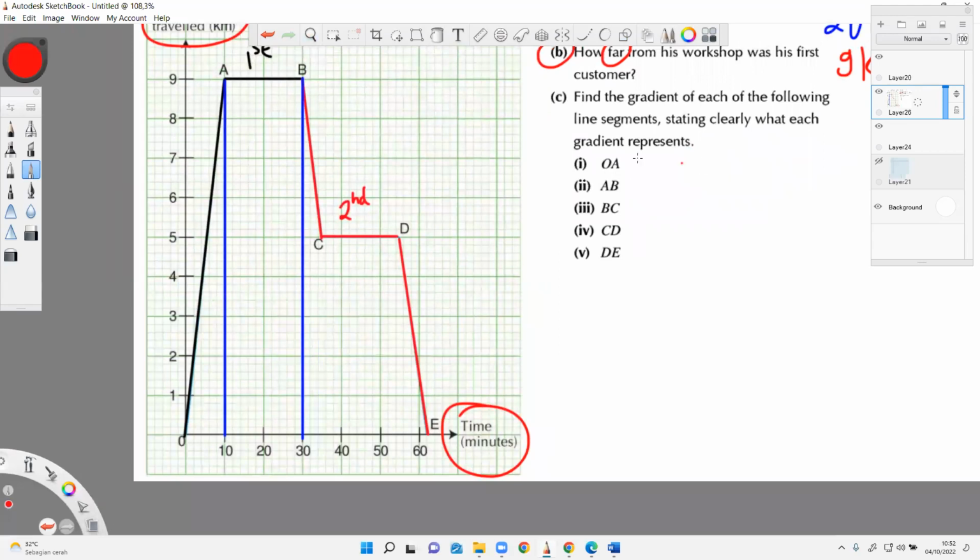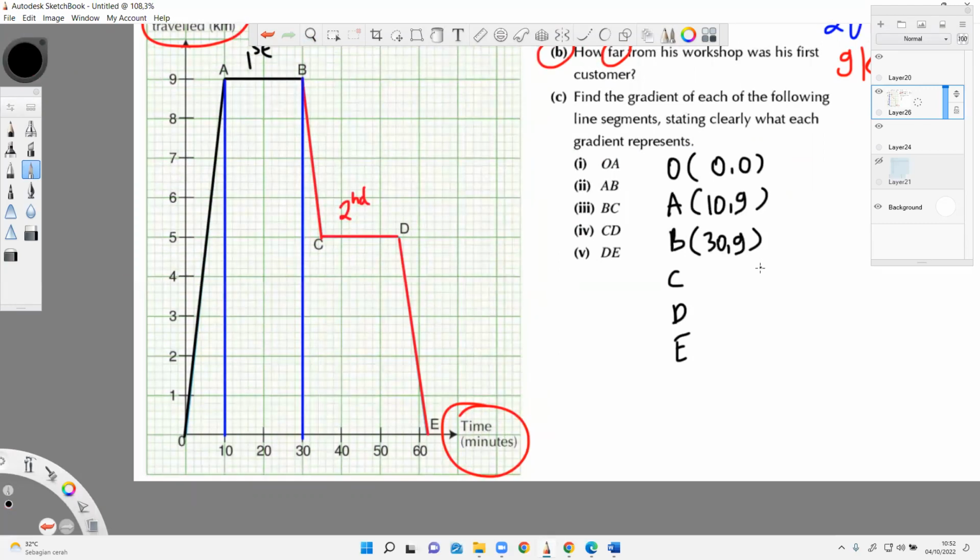So find the gradient of each of the following. We have 5 points here, 5 lines. Okay, let's see. What is the point O? O is 0, 0. Good. What is A? 10, 9. That's it. Good. B? 30, 9 also.